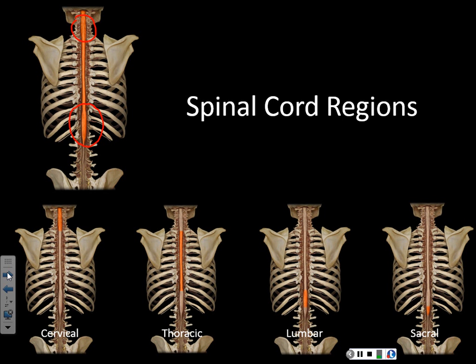Of course, it's going to give rise to the nerves that supply the limbs, the lower legs. So cervical in the neck, thoracic, of course, in the thorax, and then lumbar is the lower back. And then, of course, the sacral is the tail end. One of the characteristics of the spinal cord is that its length is shorter than the vertebral column. It doesn't span the whole length of the vertebral column.